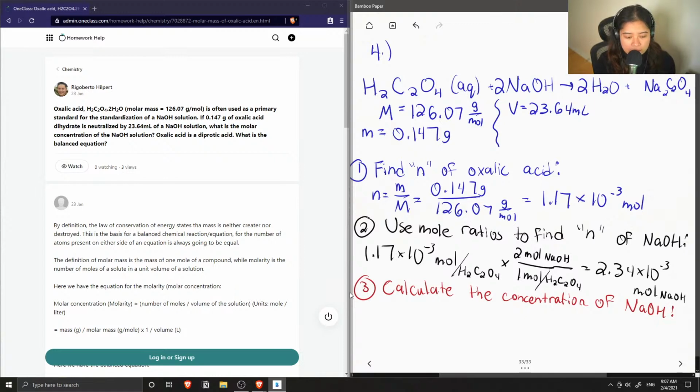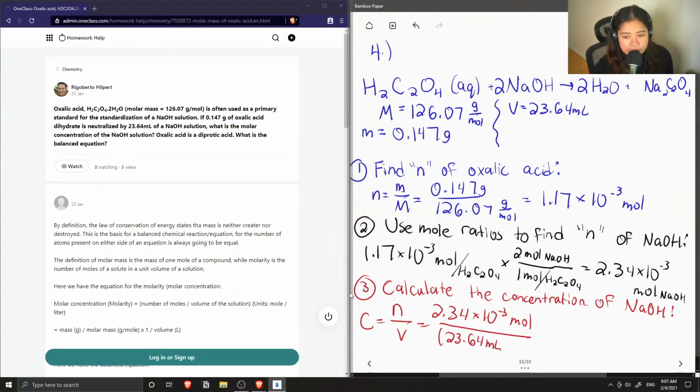Okay, so the formula for concentration is equal to the number of moles over the volume. So we know that we have 2.34 times 10 to the negative 3 moles of sodium hydroxide. And we also know the volume, which is 23.64 milliliters.